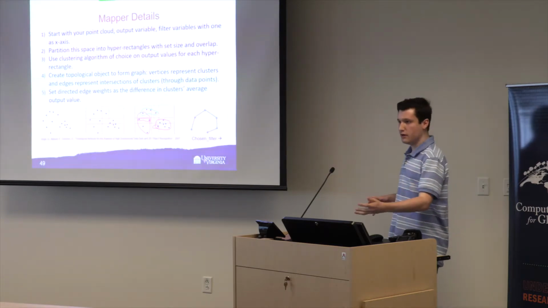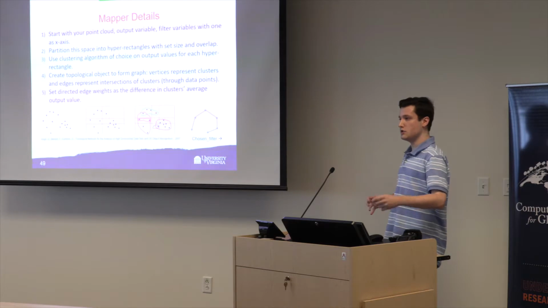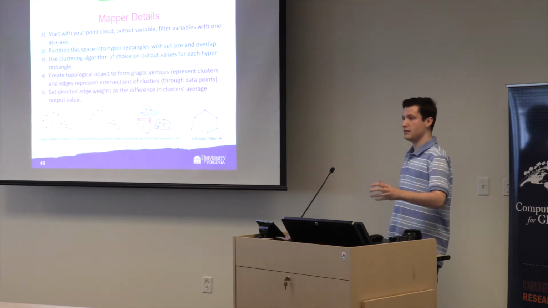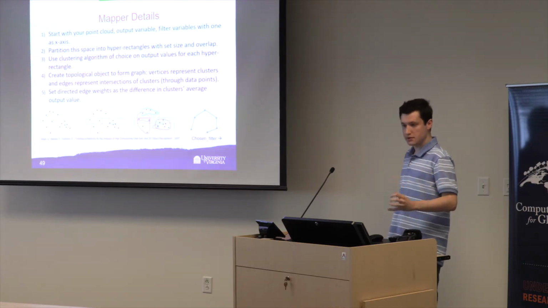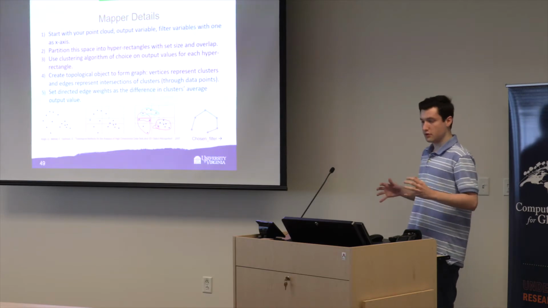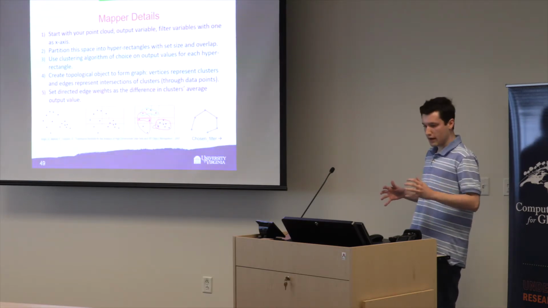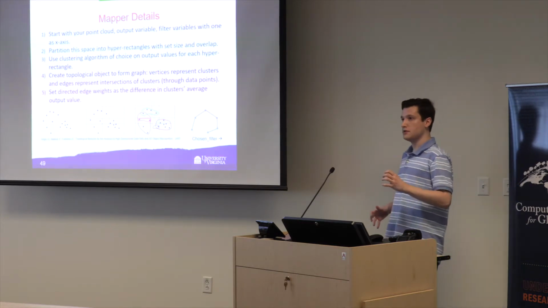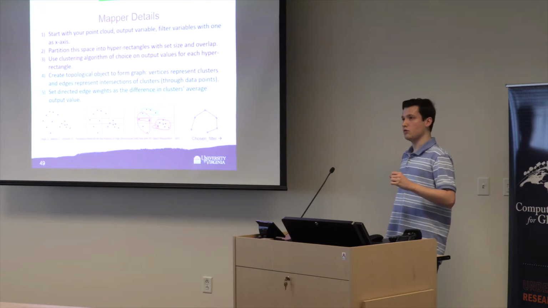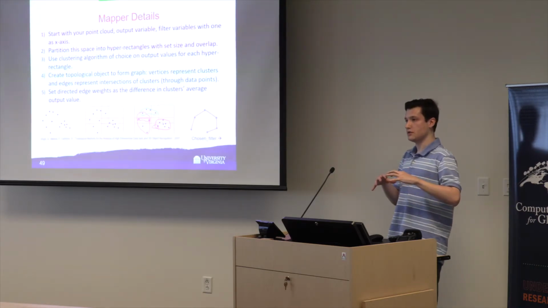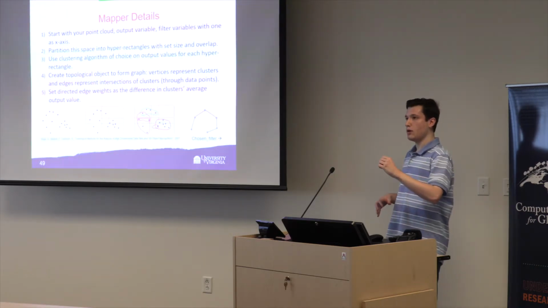This output variable is what's used for the clustering, and it's something that we pick based on our application of interest. Ultimately, after the clustering, we will have a topological object that easily translates to a graph. Vertices will represent cluster centers, and edges will represent intersections between these clusters, meaning that some point matches multiple different clusters.